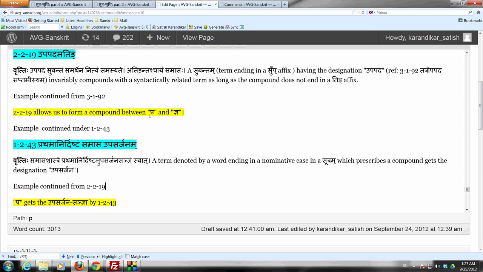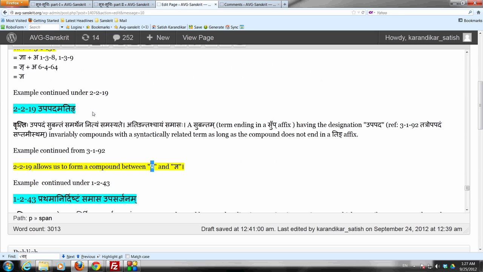We have pra, which got the upasarjana sanya because the term upapadam is the prathamantam padam in the samasa vidhayaka sutram. And what does upapadam refer to? It refers to pra in this case, a term which has the upapada sanya.